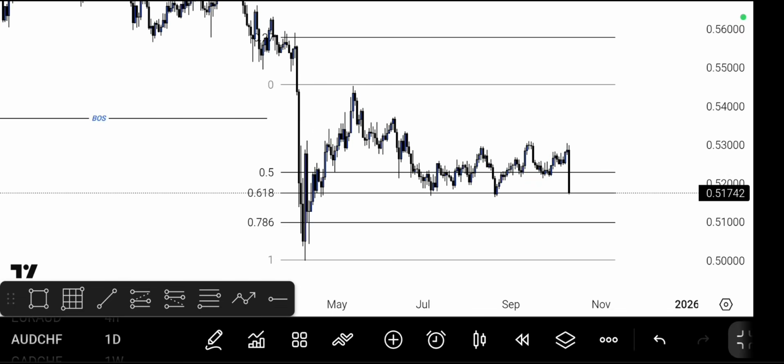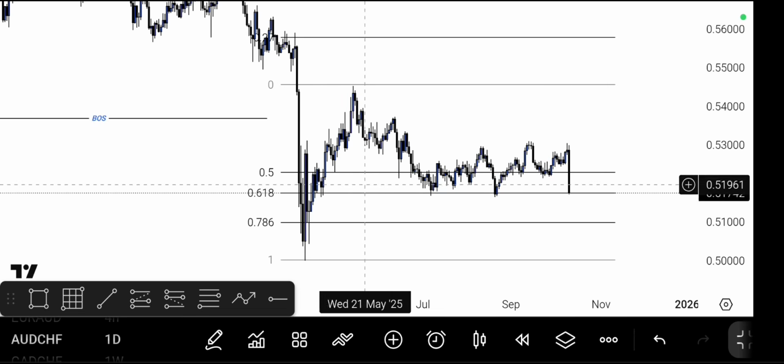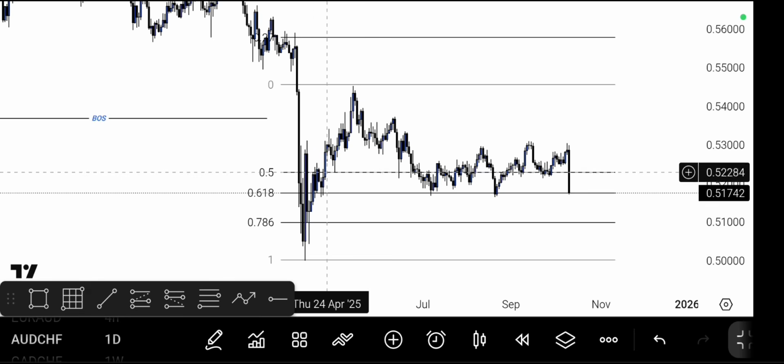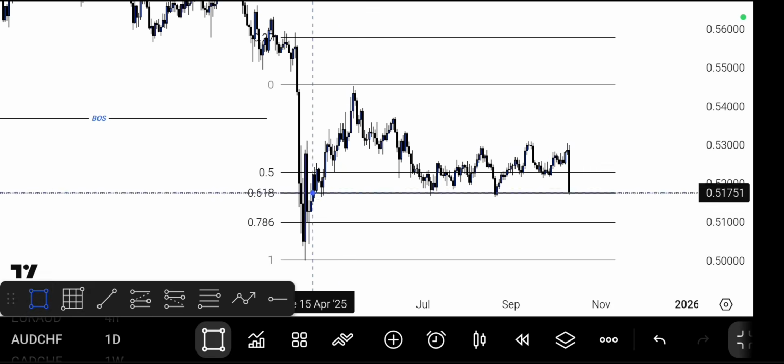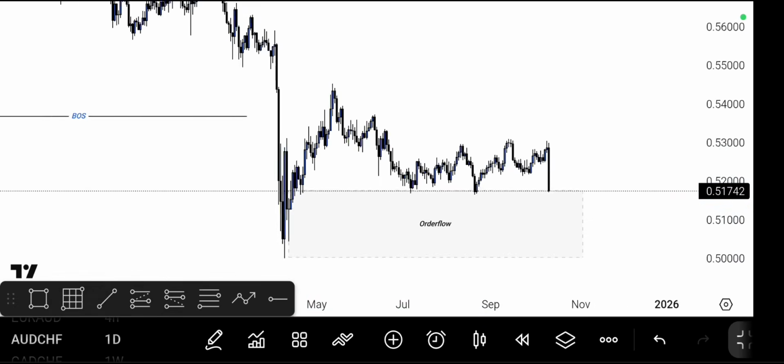Because after this there is no candle that mitigates the 0.618, that would be our order flow. If there was a candle after this sell, this buy that mitigates the 0.618, the 0.786 becomes our order flow. All right, so I have this as an order flow. So go ahead and delete the Fibonacci.